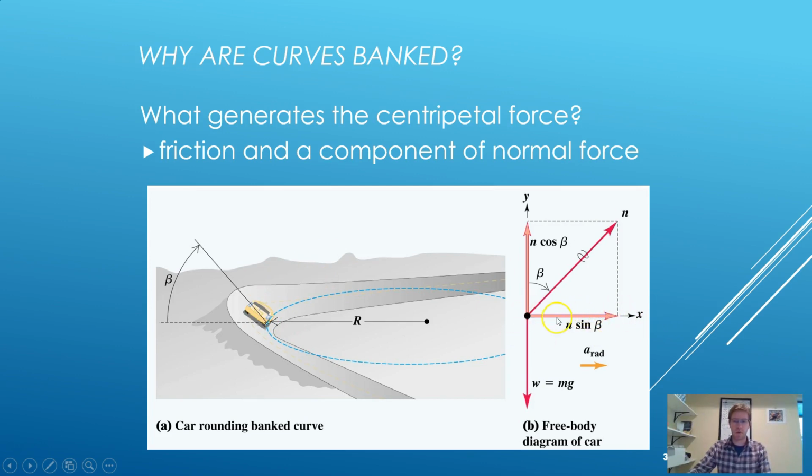So a component of your normal force can assist the friction in supplying your required centripetal force. All right? And so, in fact, a lot of times, banked roads are banked in such a way that in theory, you should be able to make the curve with zero friction between your tires, relying solely on the normal force to supply your centripetal force.